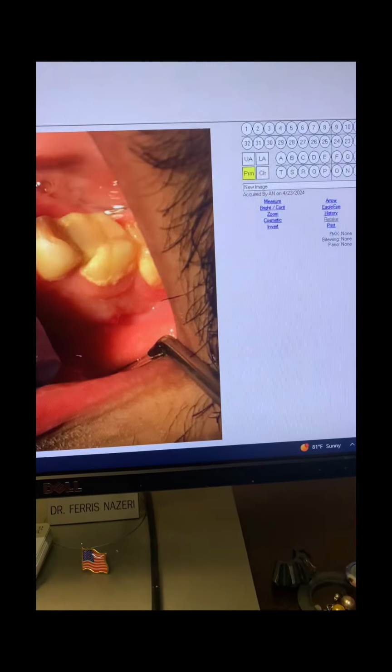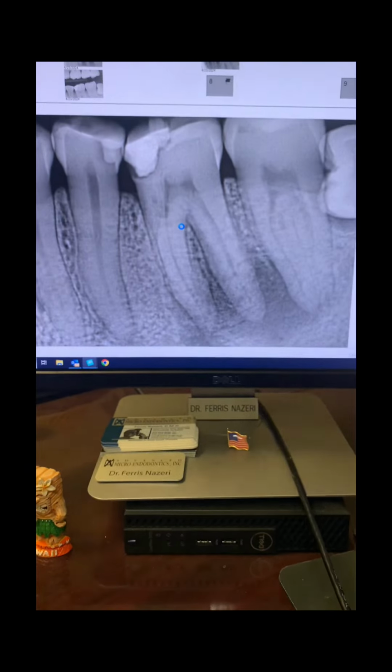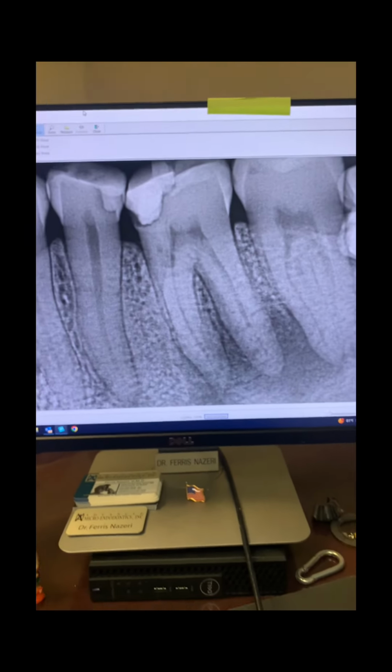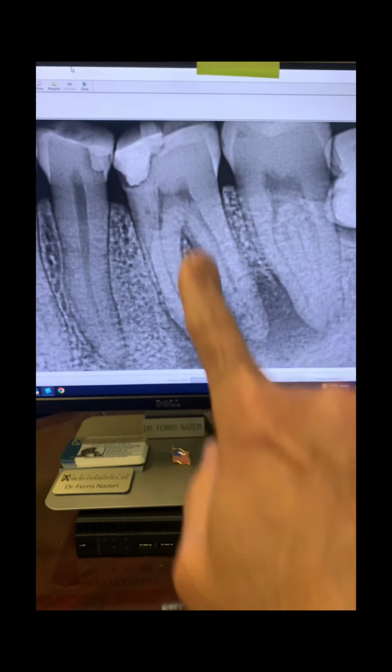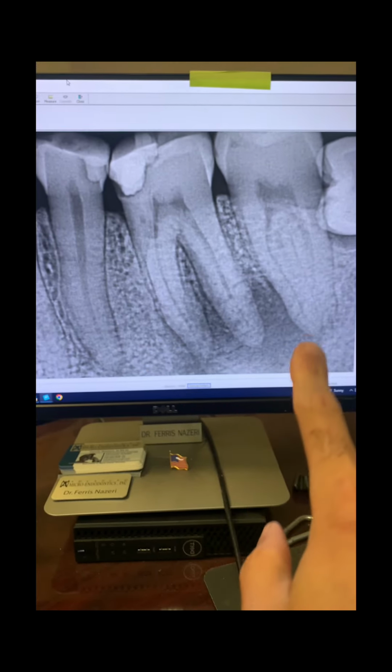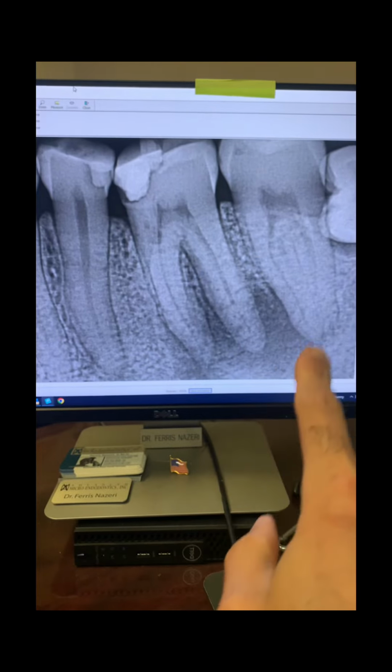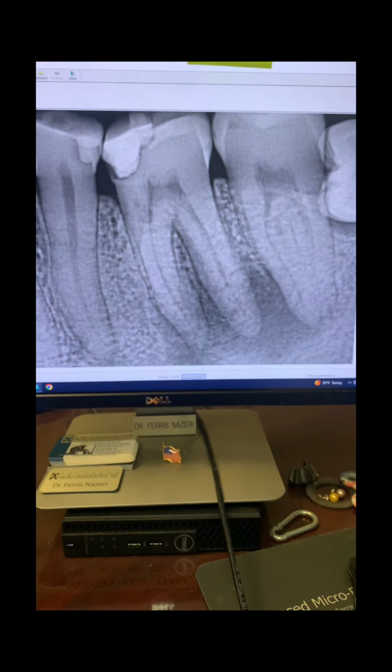Now let's read these radiographs together. Again, it's important to be able to read radiographs. All right, so this is pretty self-explanatory. You can see that huge periapical lucency there.